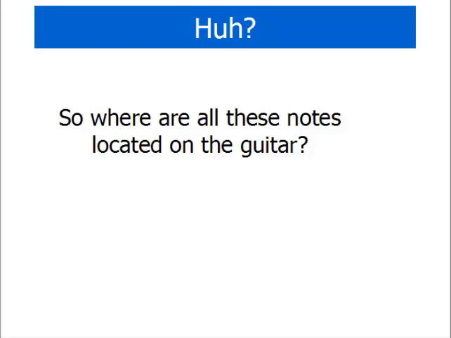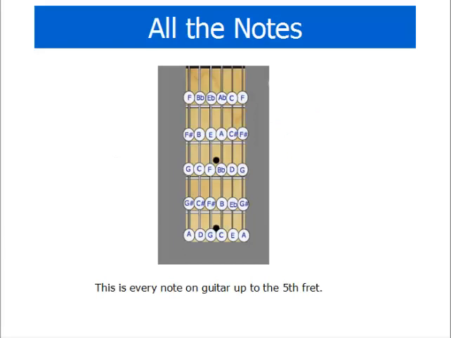So, where are all these notes located on guitar? Let's take a look. There they are. That's every note up to the 5th fret. I didn't include the names of the strings because you know them already. But on the E string, going up a half step brings you to F. That's a minor second.